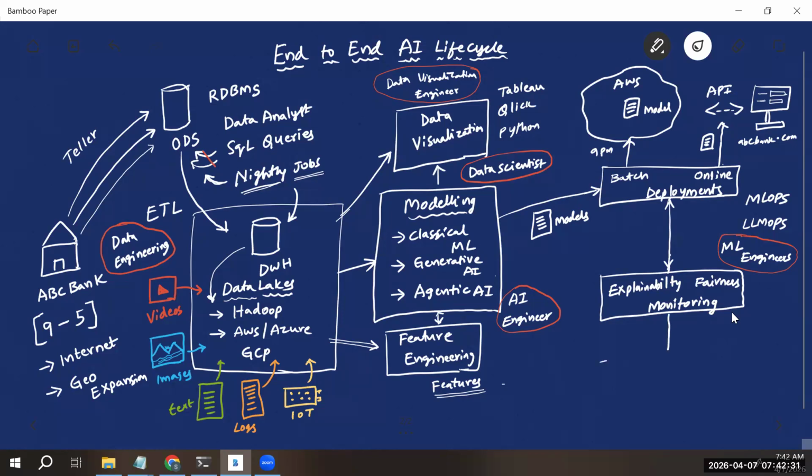One more important thing, we call them AI protocols. Two things: governance and quality.